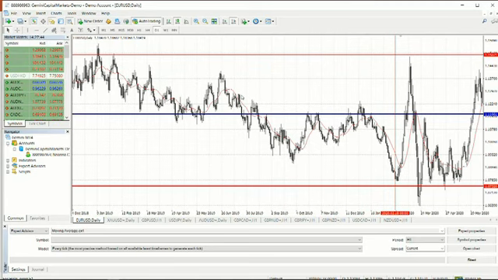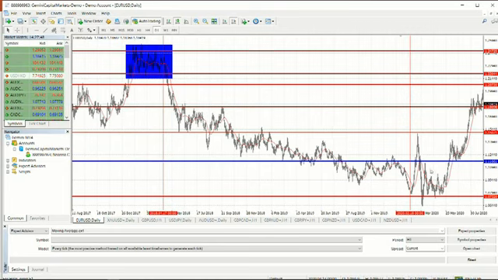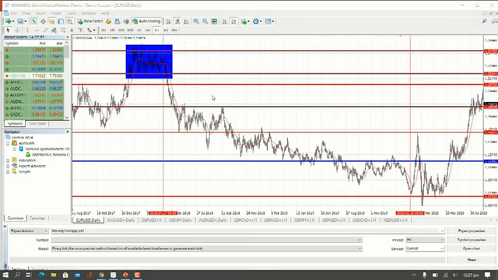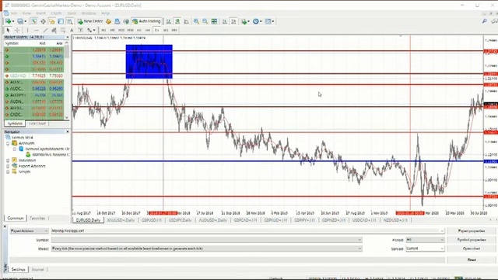Now you can see that within this period I specified, the market is in a downtrend. By downtrend, I mean you can see that the market has been heading lower and lower. So you can see that the market has been making lower lows and lower highs.